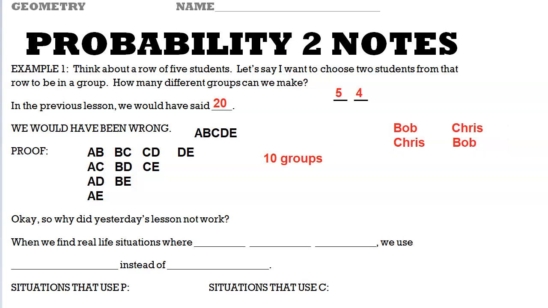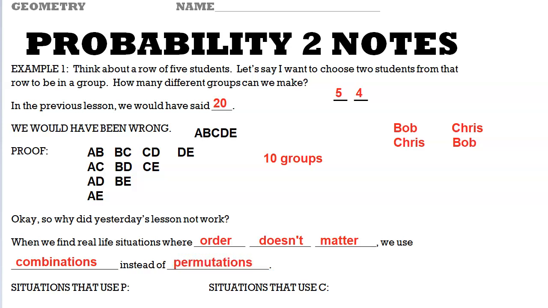You see, there are times in real life where order matters, but then there are also real life situations where order doesn't matter. And when that happens, then we're going to use a different method. We're going to use what are called combinations instead of permutations.